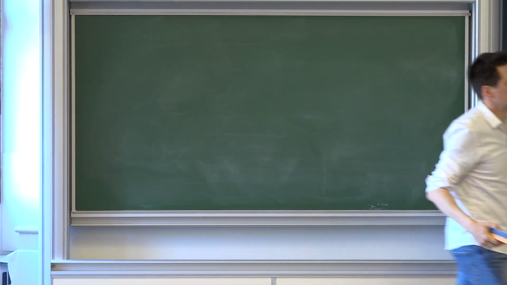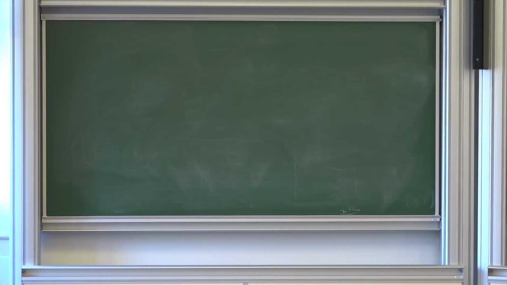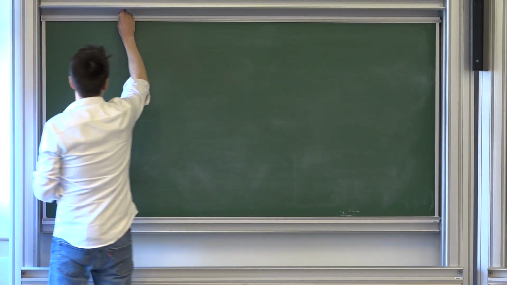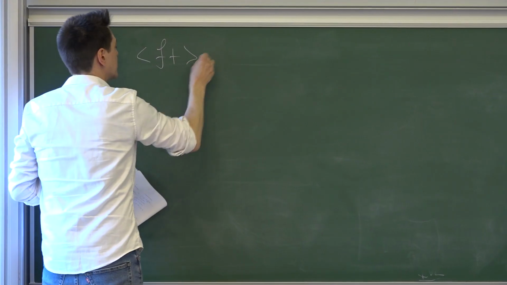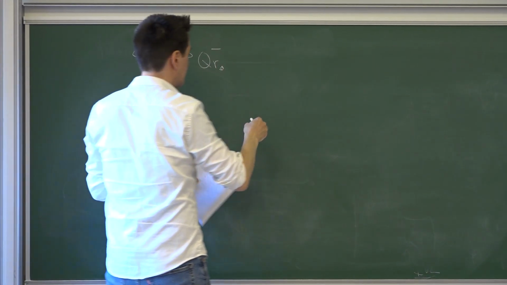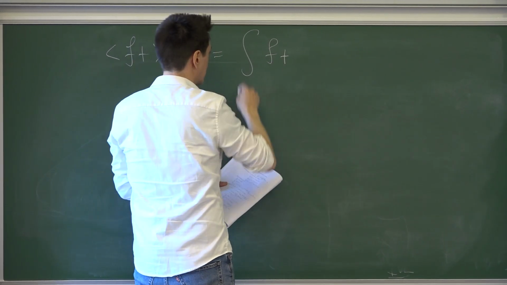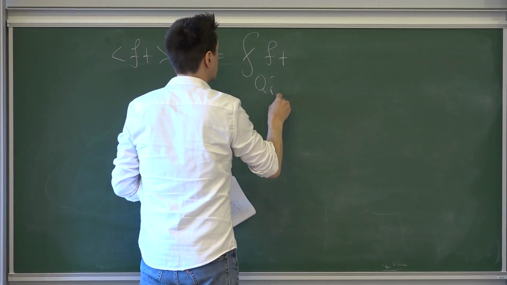I'm just giving you the sketch of the argument, which is reminiscent of the third argument I gave in the elliptic theory. So the idea is to look at the average in the past cube. Can we understand that a bit more using the assumptions? It's an average of f plus in the past cube.